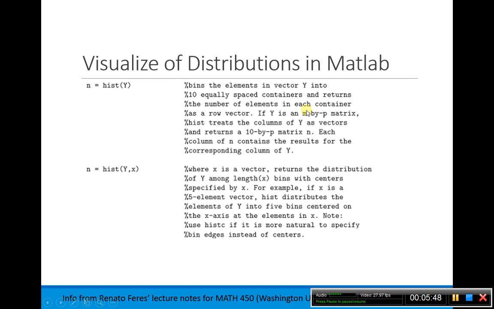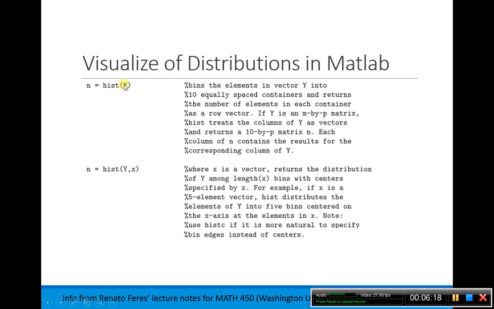So you're splitting up your interval: you look at what the minimum number in your data is and what the maximum number is, split it into 10 equally spaced containers, and then figure out how many are in the first interval, the second interval, the third interval, how many are in each bucket. And that's what this n corresponds to, and we'll see an example of this in just a second.